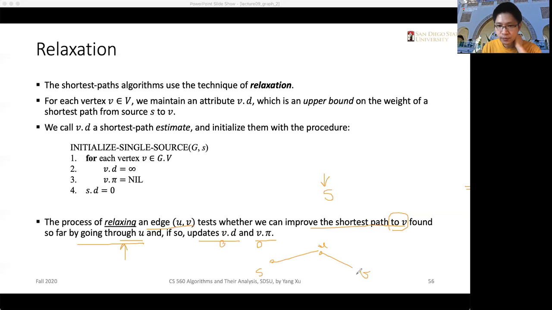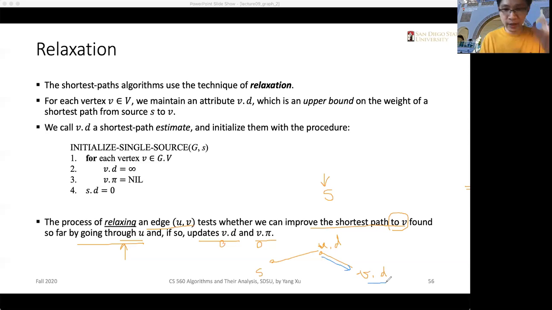If U dot D plus the weight of the edge between U and V is a smaller value than V dot D, then that means we should go to U first and then go to V. That is the very basic examination.